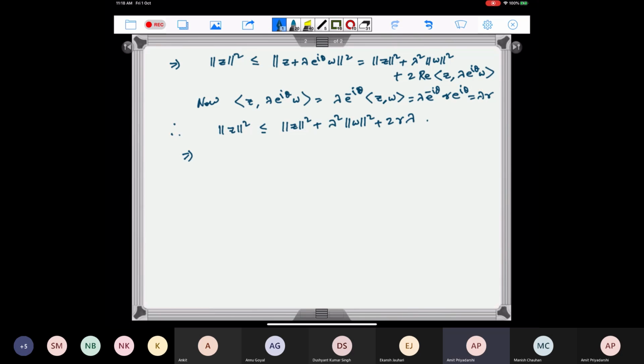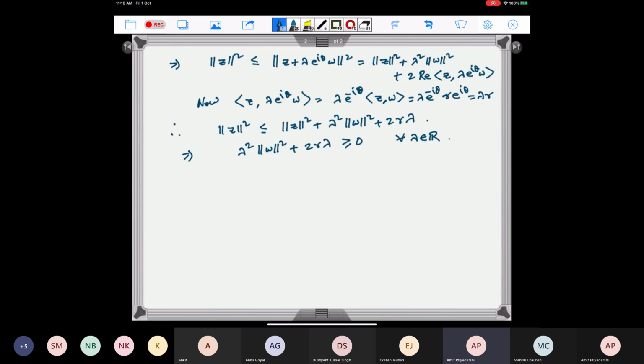And this implies lambda squared norm w squared plus 2r lambda has to be greater than or equal to 0. This is true for every lambda in R. Here you see that the first term is non-negative. And if this is true for every lambda in R, then we must have R equal to 0.